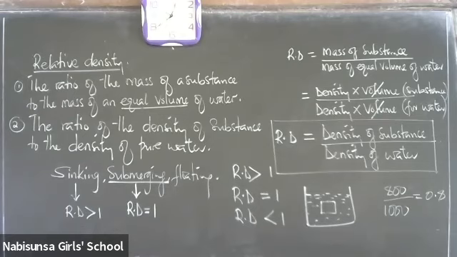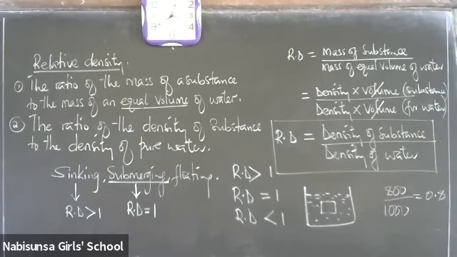Teacher, I have a question related to relative density. I've understood everything, but I'm asking if density is specifically made for only water. Very good. Now, relative density is specifically a comparison with water.